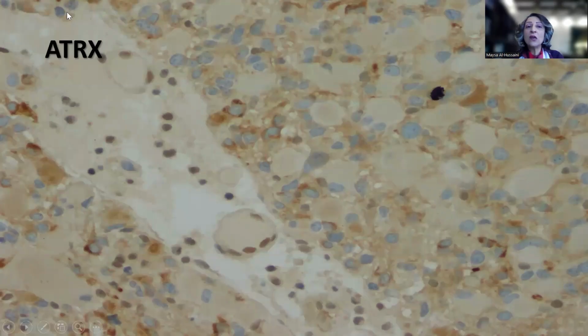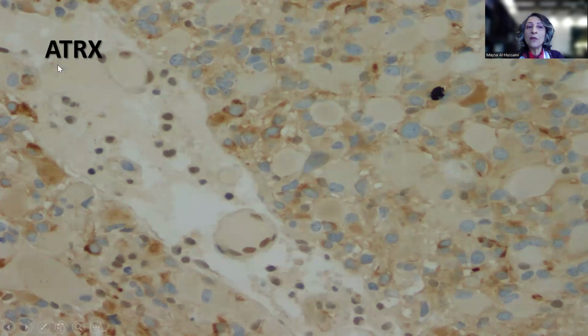And then the ATRX is beautifully lost or mutant. We have the internal positive control, which are the endothelial cells, and then we have the gemistocytes showing complete loss of nuclear stain, which would support the notion that this is diffuse glioma.